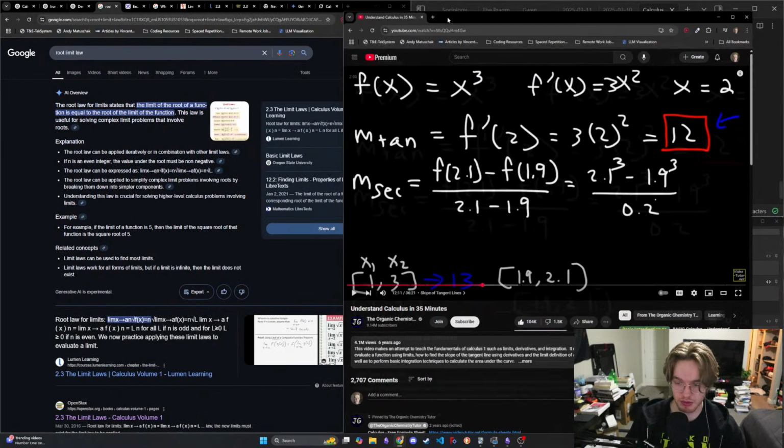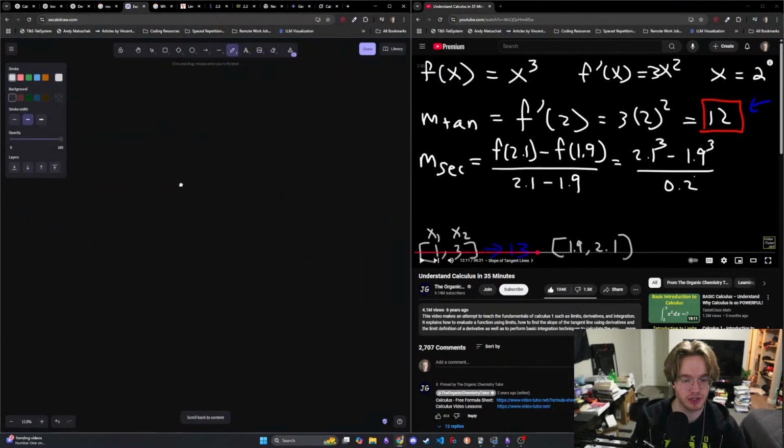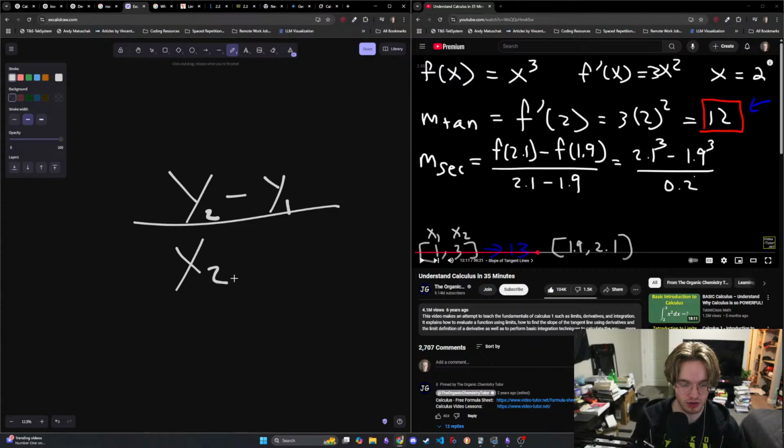Let me pull this up so this is clear. Okay, so what we're doing here is on the top of the equation, we're evaluating the y's. And on the bottom of the equation, we're evaluating the x's, right? An input for a function is x, and the output is y.